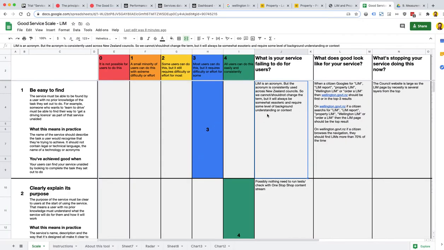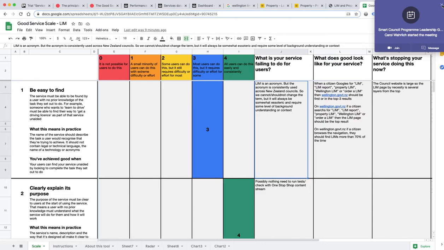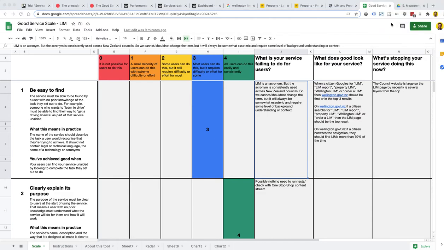The only point against it, which is a really tough one, is that LIM is an acronym. On more than one occasion I've heard people say, "What does LIM stand for? What is a LIM?" That's counterbalanced by the fact that LIM is universally used across all local governments in New Zealand, so there is some consistency, but at the end of the day, it is jargon. It's not jargon that Wellington City Council can uniquely fix, so I will dismiss that.